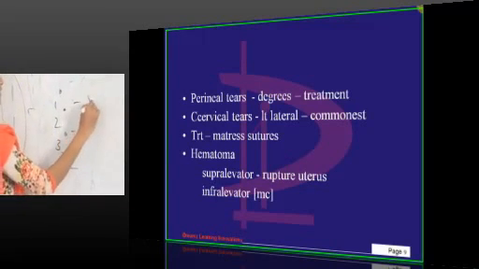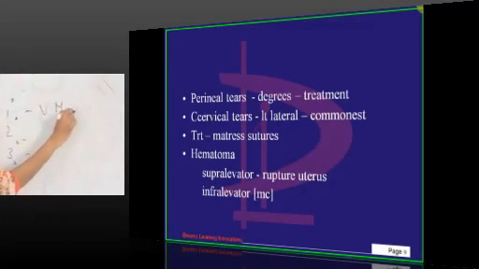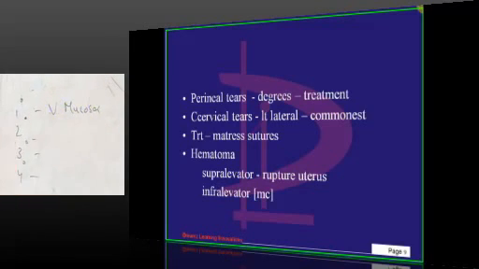So first degree is only the vaginal mucosa. Exactly correct. Next, second degree. Mucosa, and what is there beneath the mucosa? Submucosa.